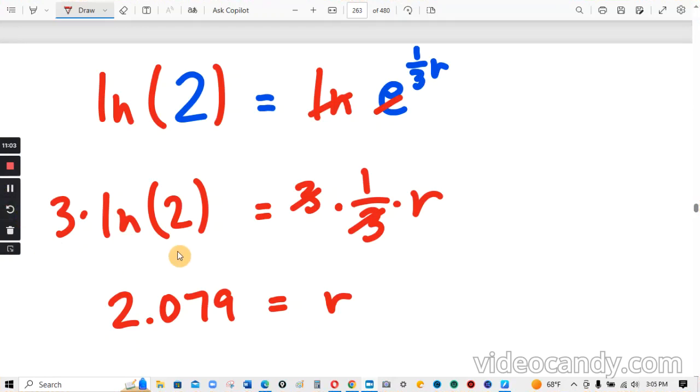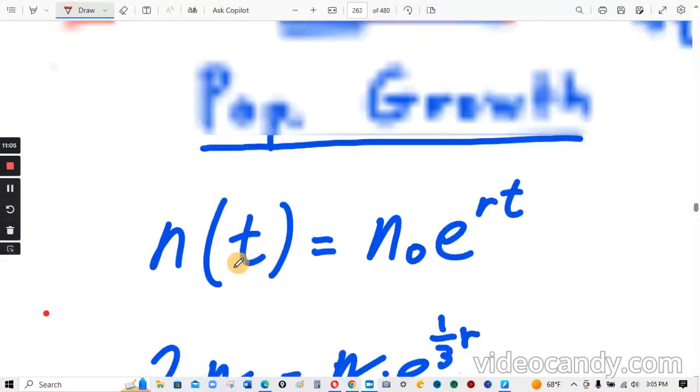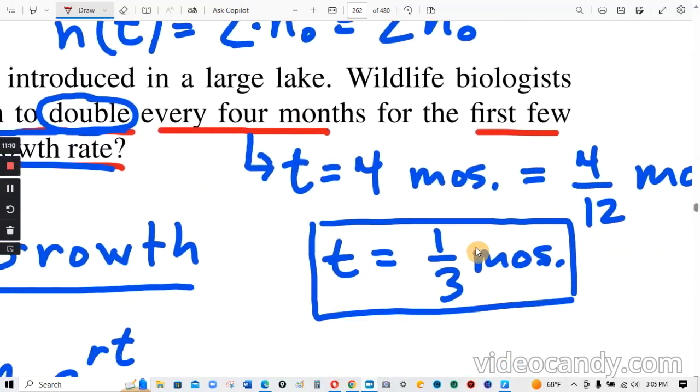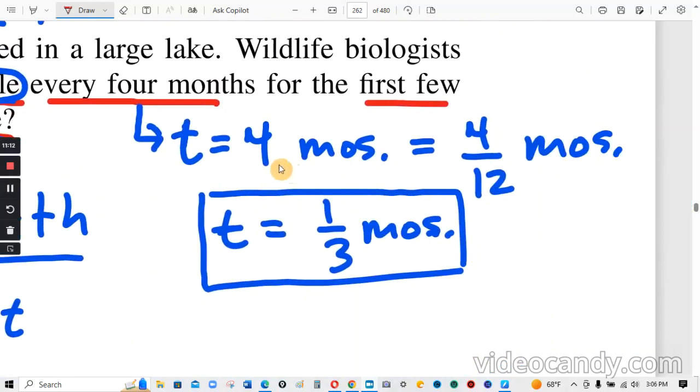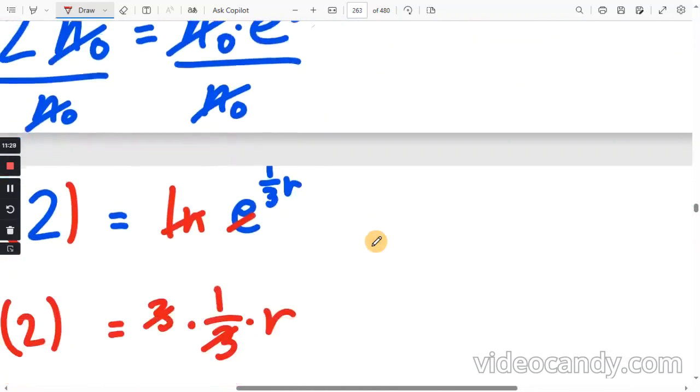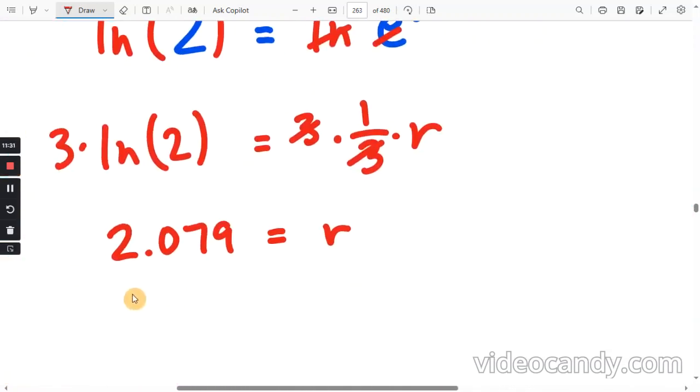All right, and we had the units for t. 4 months, but when we did 4 over 12, that was 4 over 12 years. All right, little mistake there. 1/3 was in years. So since t was in years, this growth rate r is per year.